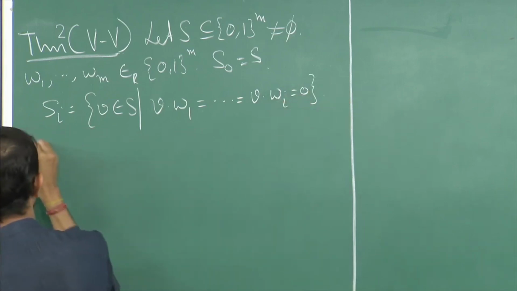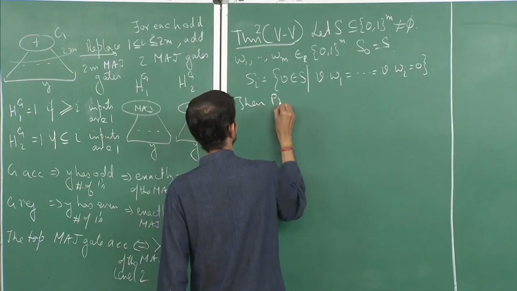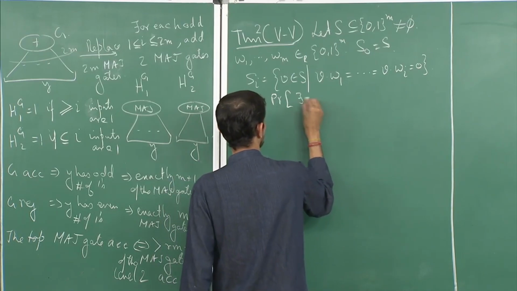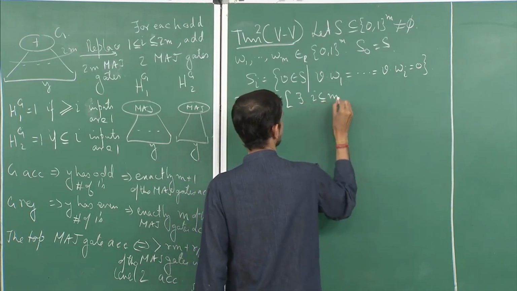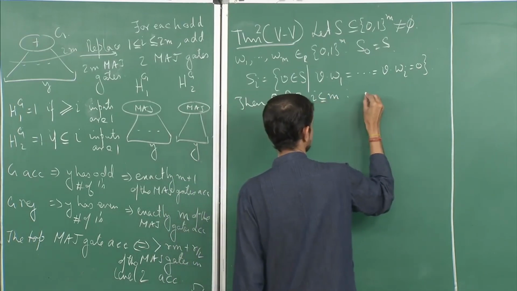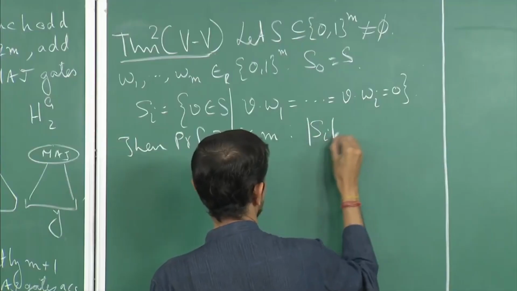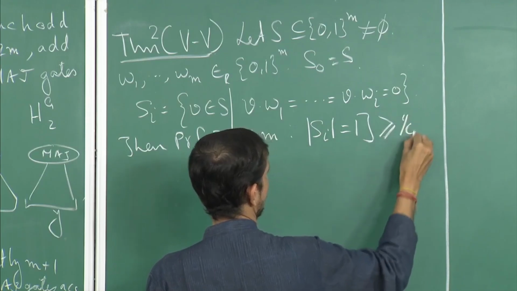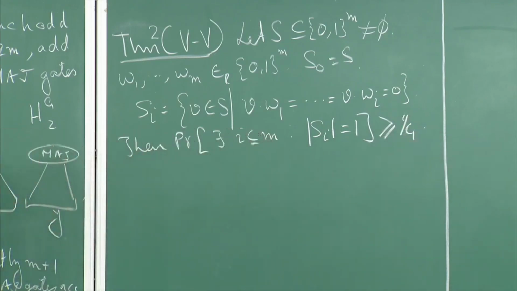Then with probability greater than 1/4, there exists an I such that the size of Si is 1. This is what we used and this is what we are going to prove now.